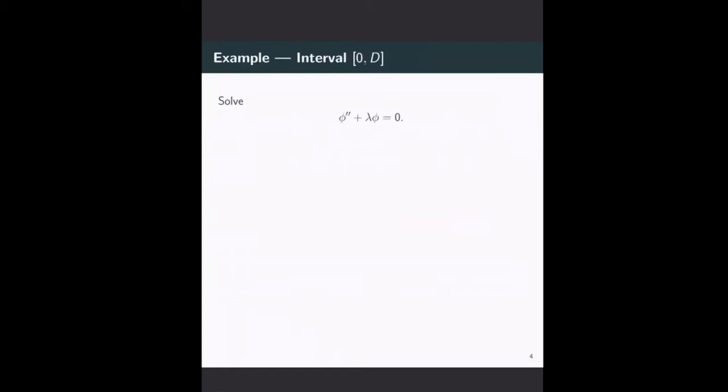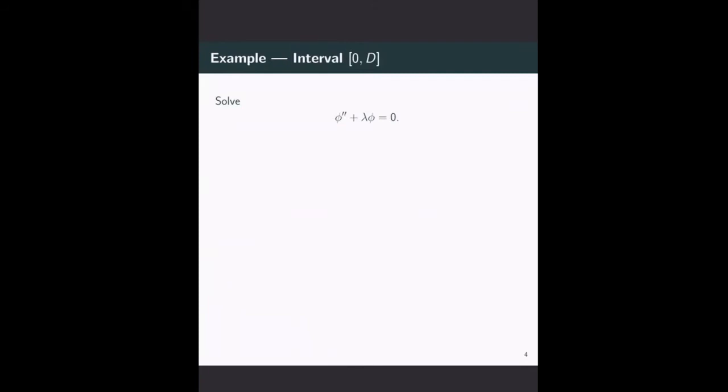The first example is very easy. If we have a one-dimensional interval from 0 to d, we solve phi'' plus lambda phi equals 0. This is an ODE problem. The solution is phi equals C1 sine of square root of lambda x plus a second constant C2 cosine of square root of lambda x.